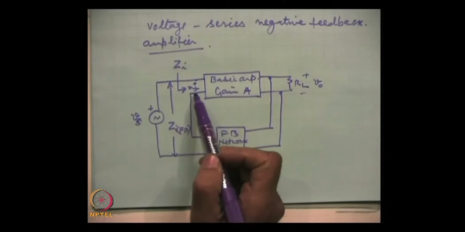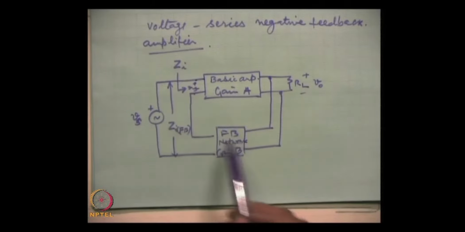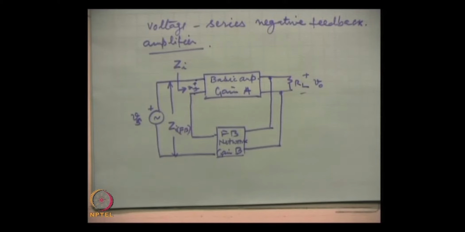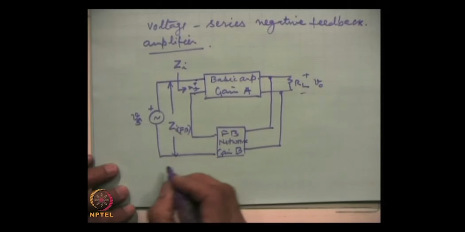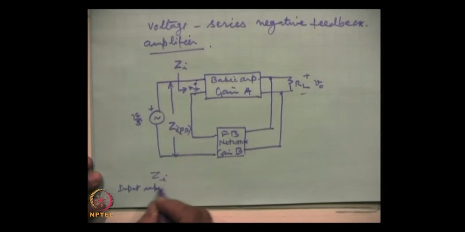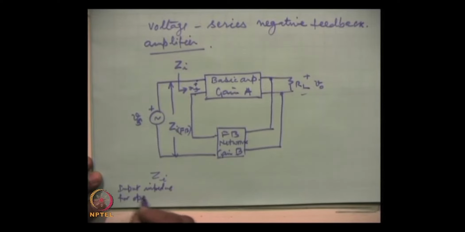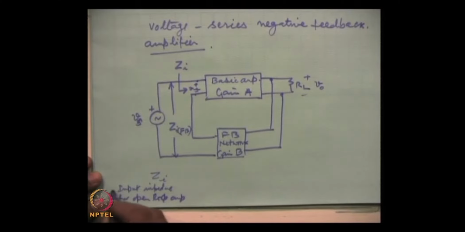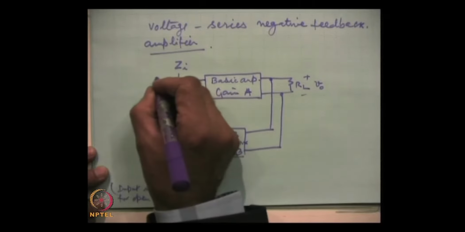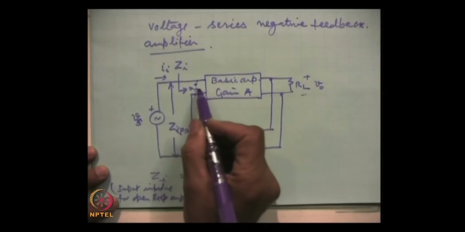So, when we measure the input impedance here, this will be open loop input impedance, but when we incorporate the feedback, that is between this terminal and this terminal, the input impedance will be Z I F B. So, by definition in this circuit, Z I, which is input impedance for open loop amplifier, is obviously, if the current here we take as I, the voltage is V e.